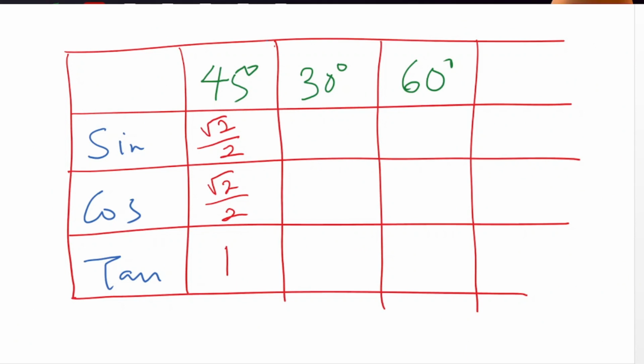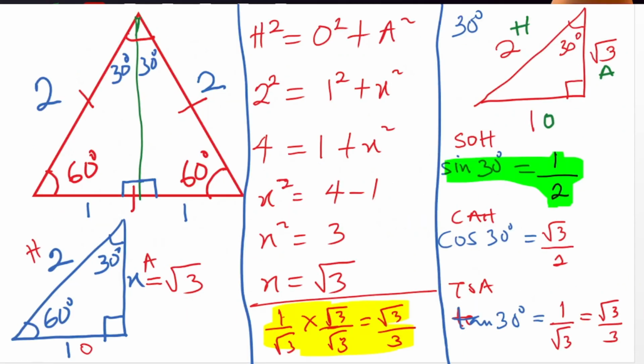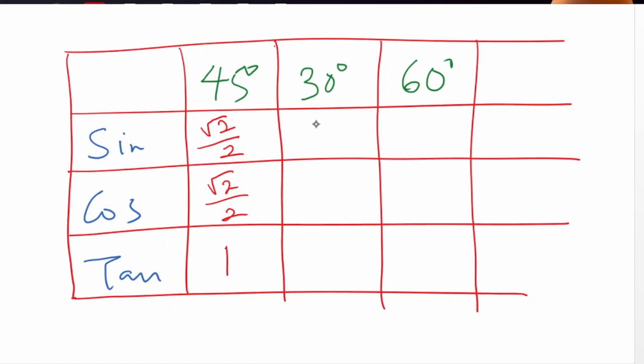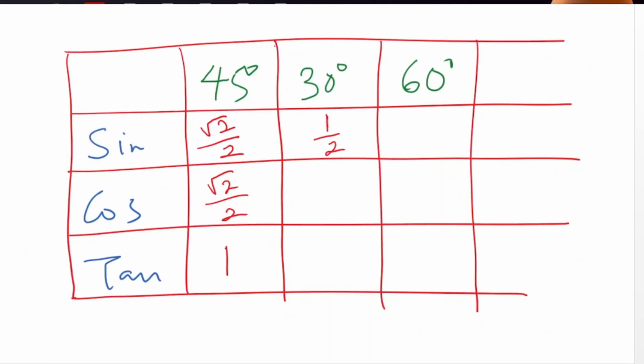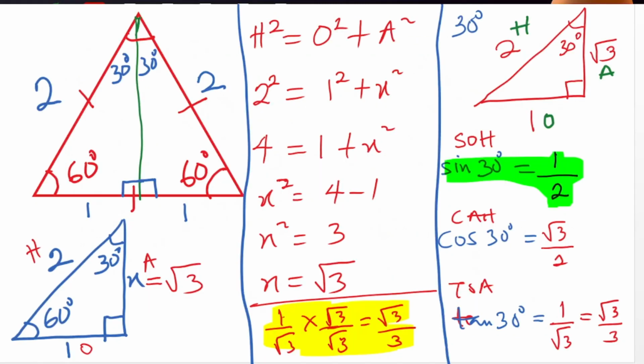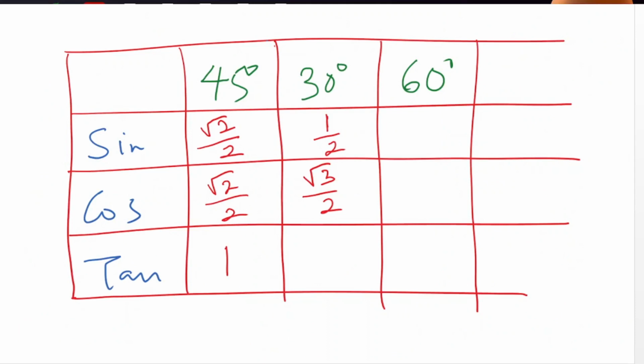Then we go to the next one, 30 degrees. Sine 30 degrees is 1 over 2. Then cos 30 degrees is root 3 over 2. And tan 30 degrees is root 3 over 3.